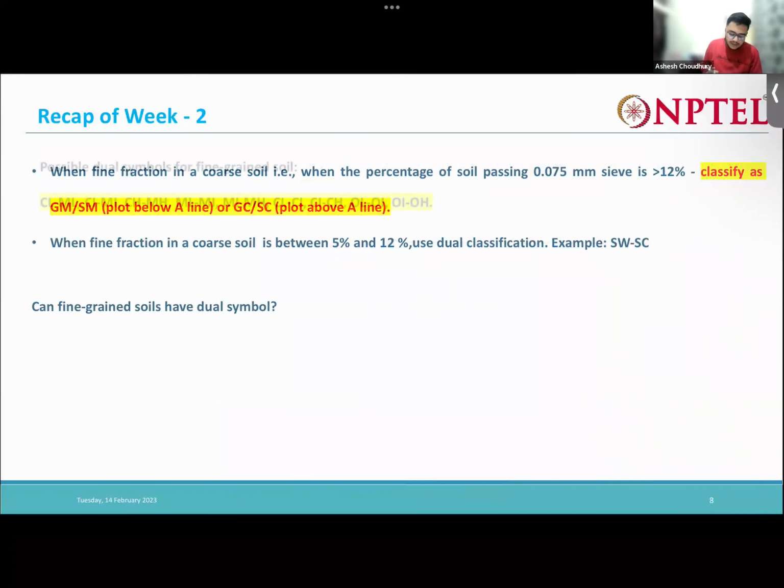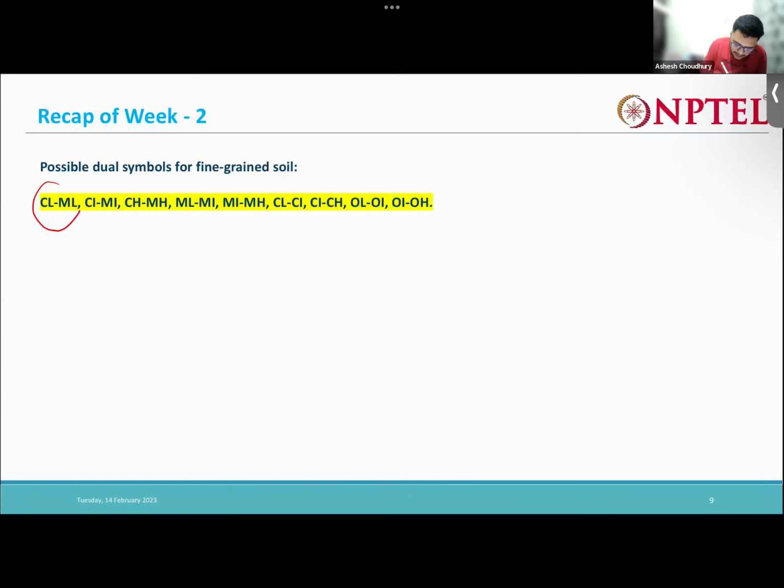Now these are the possible dual symbols. The first one is our CL-ML. Then you told that it's near to the A line, but between 35 and 50, and here in this region it will be very close, then it's this one. If it's here, then it's this one, CH-MH.